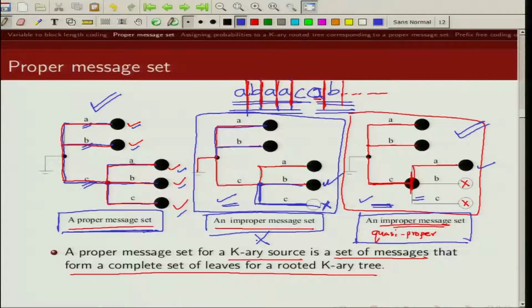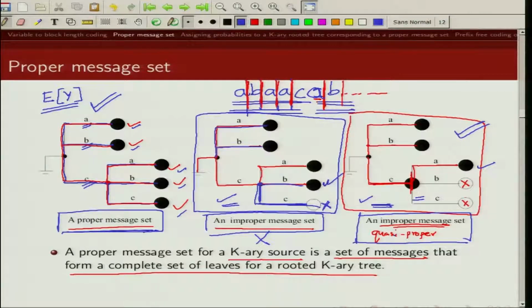Now, remember our objective is to maximize the expected value of the input code word length. We want to maximize the expected value of y. In case of a proper message set, we know a method to find the optimal code which will maximize the expected value of y.